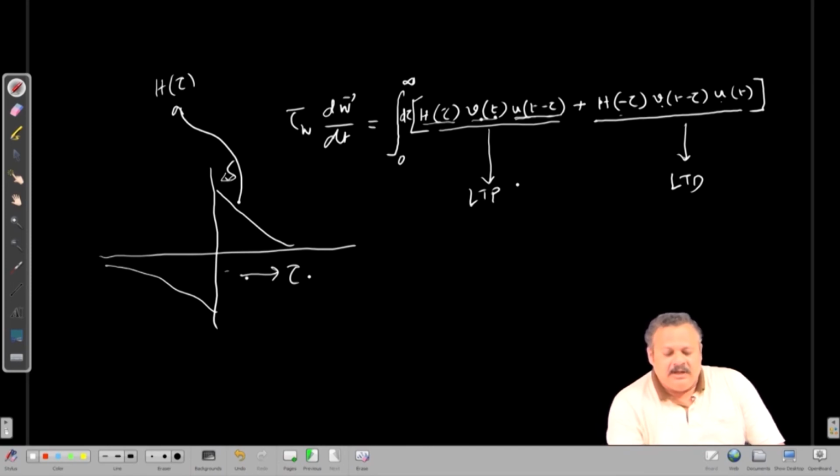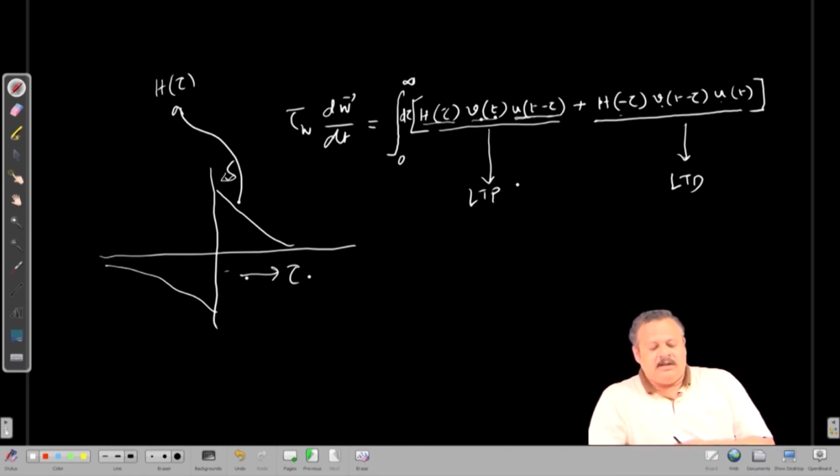The LTP and LTD are both included, and the difference from what we had seen earlier in terms of the experimental observation of spike timing dependent plasticity is that we are now basing it on average rate responses, assuming that there is a probability of spiking associated with that output rate. And so, we can indeed set up this model to explain the change in weight based on spike timing dependent plasticity.